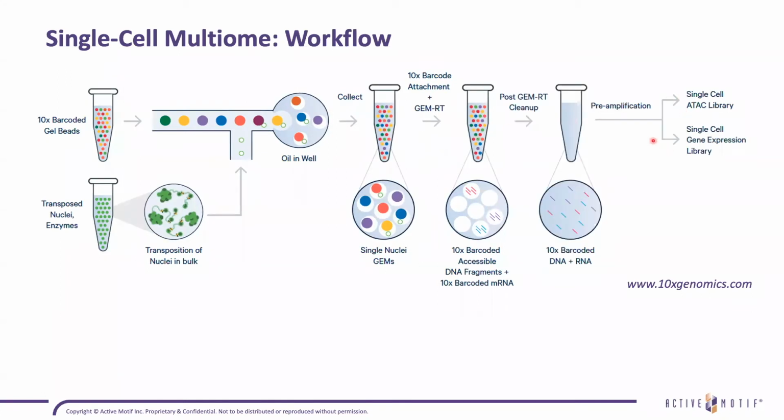This generates two libraries from each sample, linking both gene expression and open chromatin profiles back to the same cell. These libraries are sequenced to an estimated read depth of 30,000 reads per nucleus. And then after demultiplexing, the 10x Genomics software suite Cell Ranger is used to determine how many nuclei made it into the data set.